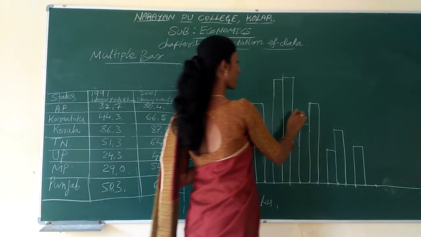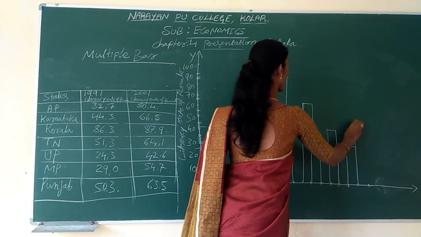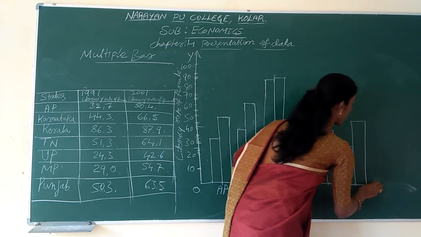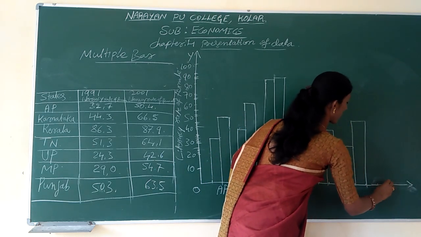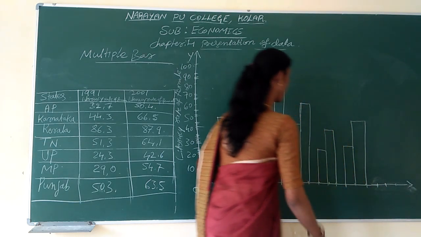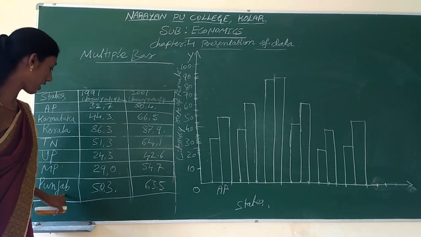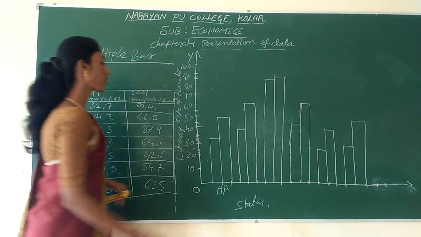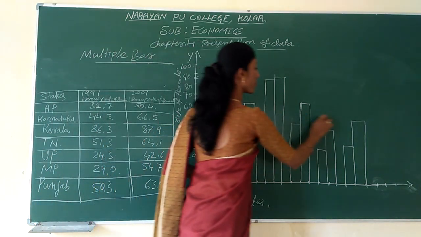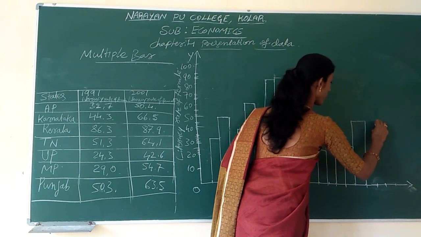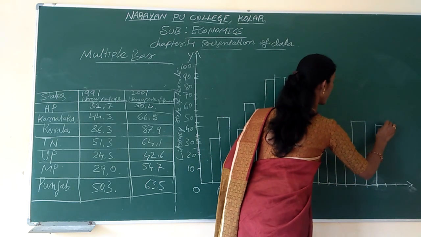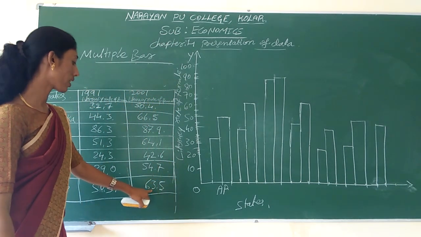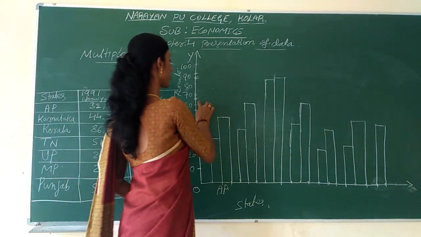Here 55 you need to take. Next, last we have Punjab, 50.3 and 63.5. 50 means here. And next one in 2001, 63.5.